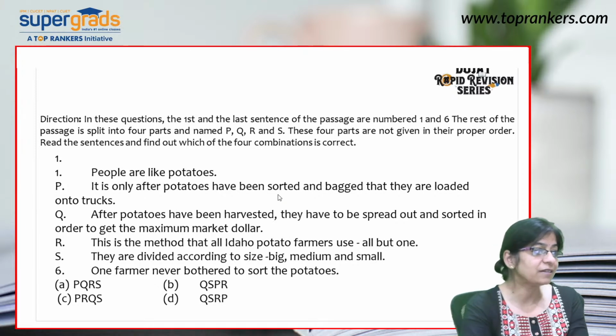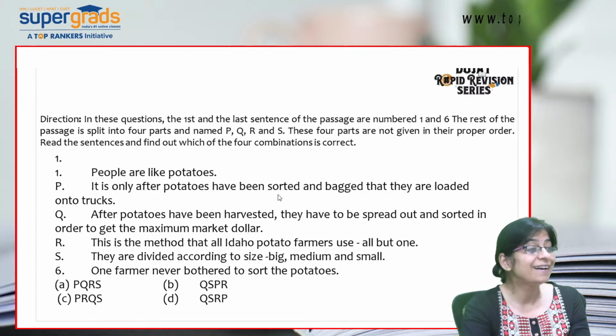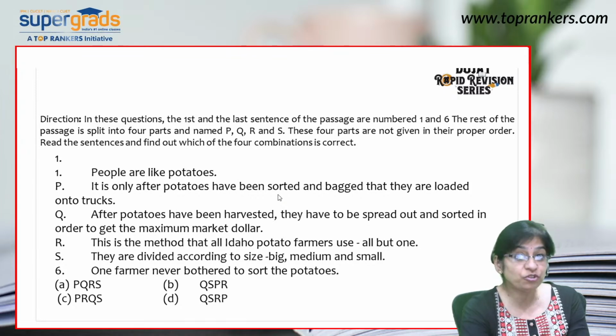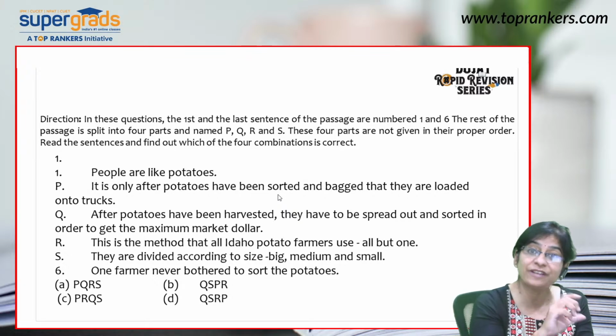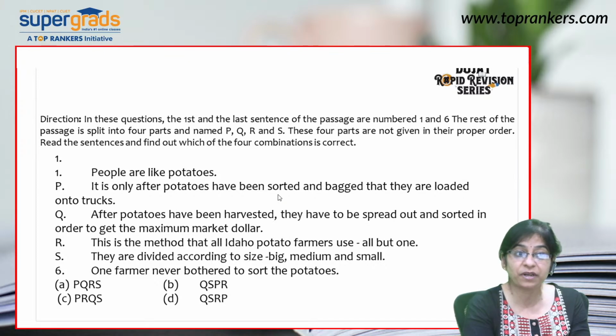So let's just start. The first one says, people are like potatoes. Interesting, right? Well, no time for this. People are like potatoes. That's number one, a fixed statement. It won't change. So whatever will be written will follow the statement. And then there are options. P says it is only after potatoes have been sorted and bagged that they are loaded onto trucks.